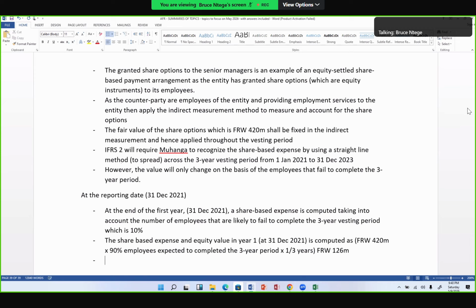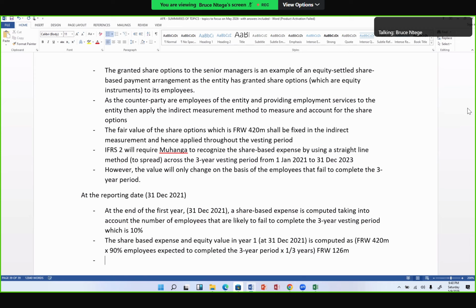We are saying that this is therefore recognized in the financial statements, so we need the double entry. I'll debit the P&L, that's where the share-based payment expense will go.